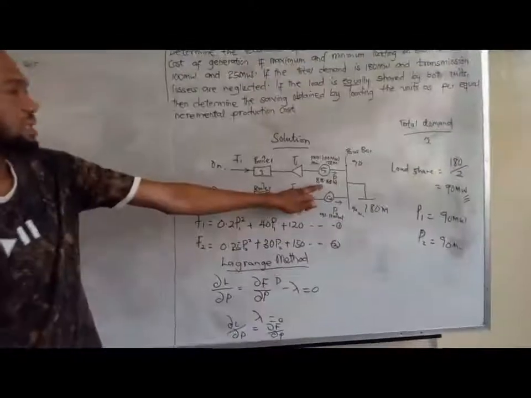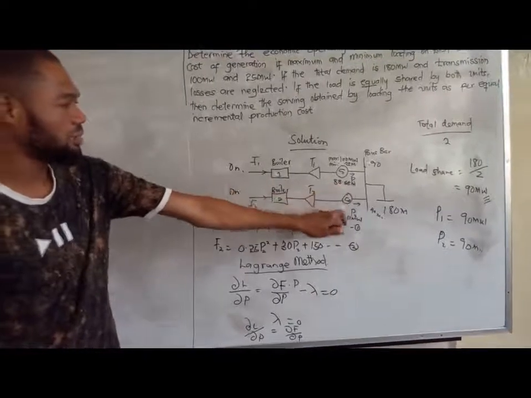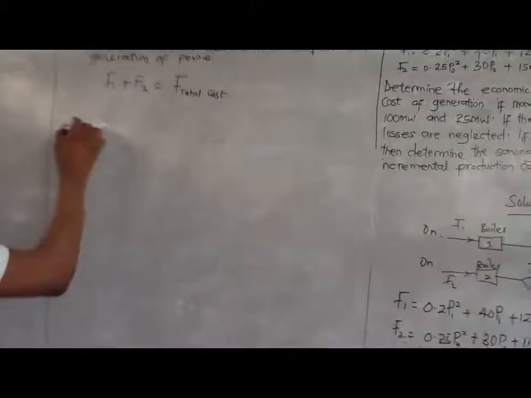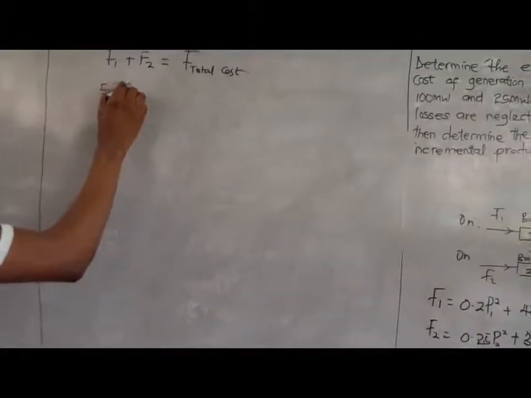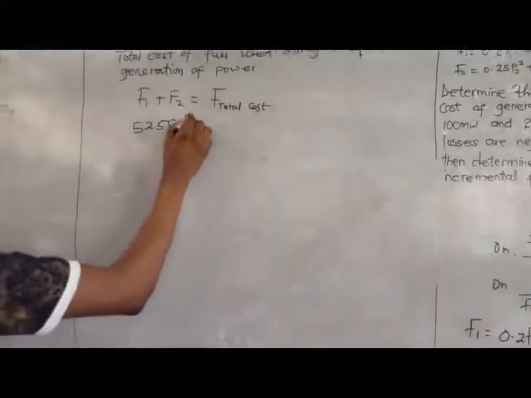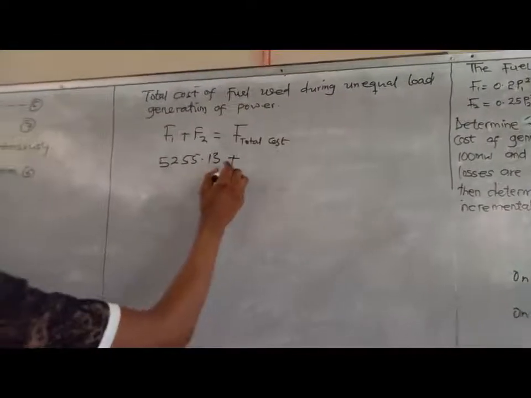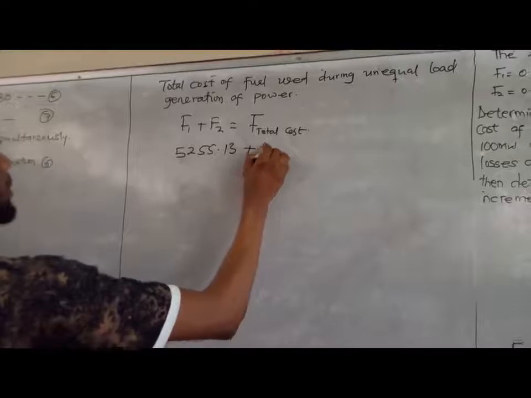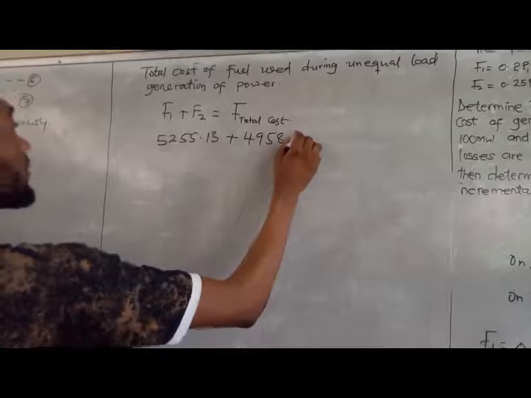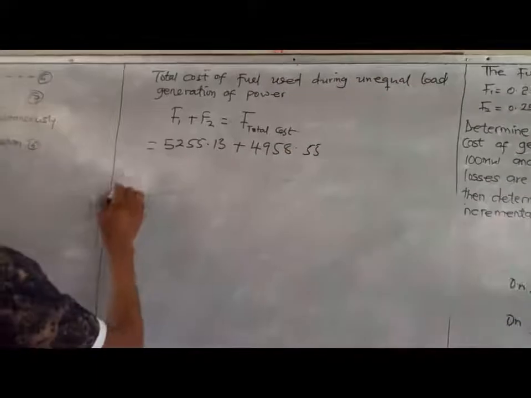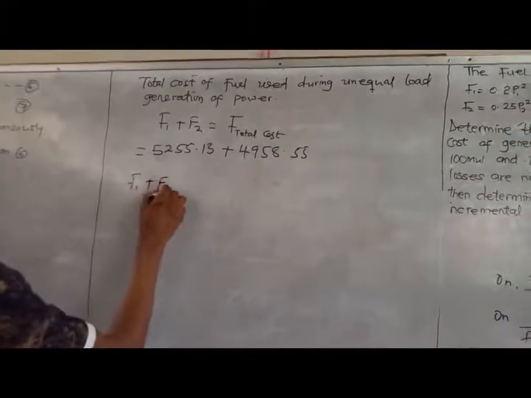That is at the time that this one is generating at 88.8 mega and 91.1 mega. So we'll be getting a total cost of 5255.13 plus 4958.55. This will be F1 plus F2.